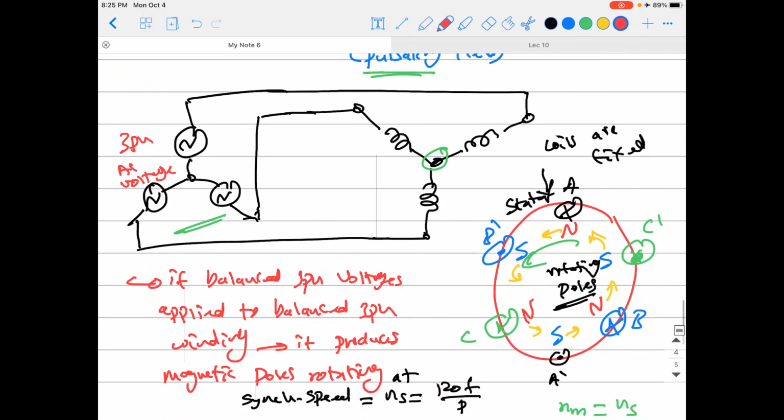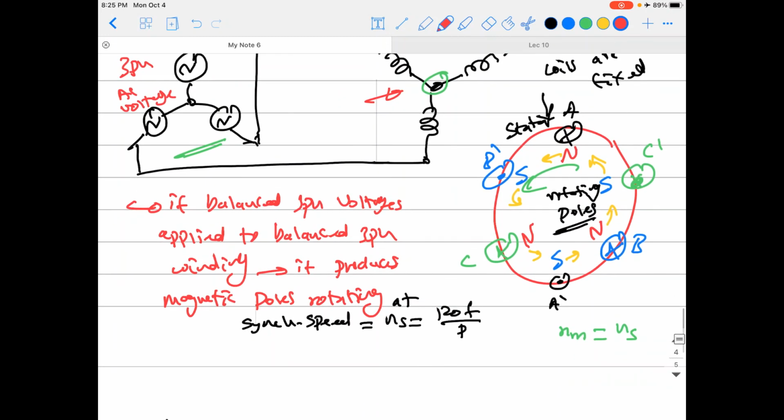What we'll be using here is the three phase AC voltage, a balanced three phase voltage applied to a balanced three phase winding, because that produces a rotating magnetic field. Magnetic poles rotate around the circumference of the stator, even if the coil itself is not rotating.